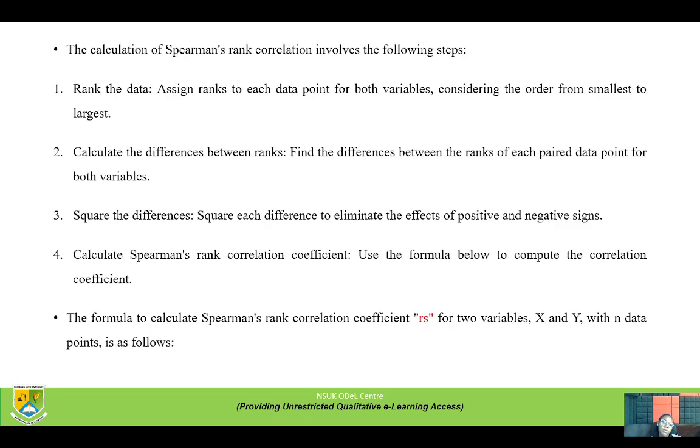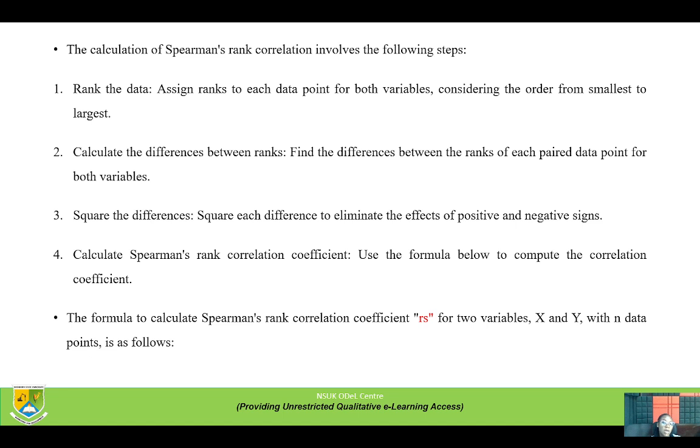The calculation involves the following steps. First, you rank the data, then you calculate the differences between the ranks. Let's say you have X and Y. After obtaining the ranks of X, that is arranging them in ascending or descending order and giving them labels of numbers representing which one comes first, that's what ranking is about.